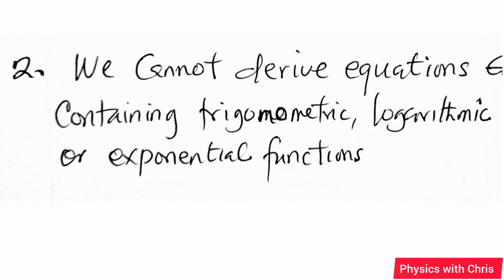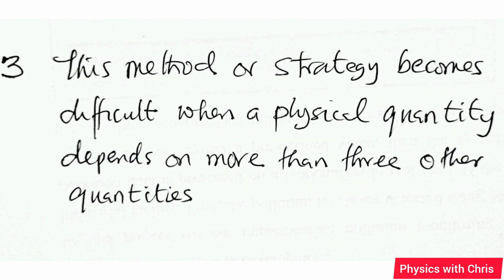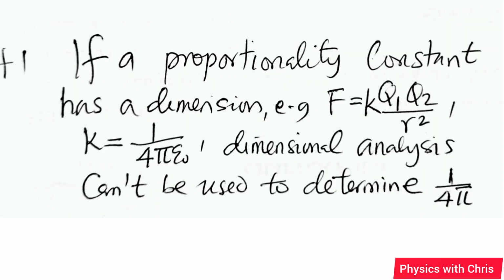Now, this method becomes difficult when a physical quantity depends on more than 3 other quantities. Also, in some cases, a constant of proportionality may have dimensions, and sometimes it becomes difficult to use this approach to determine the value of that constant.